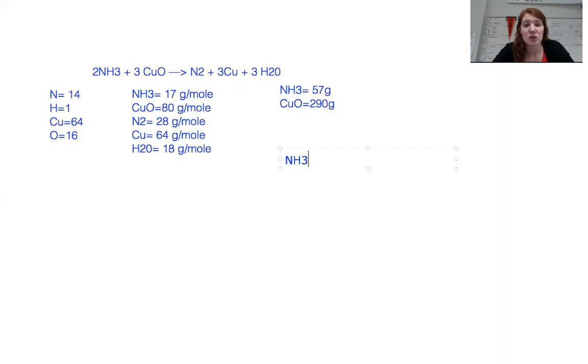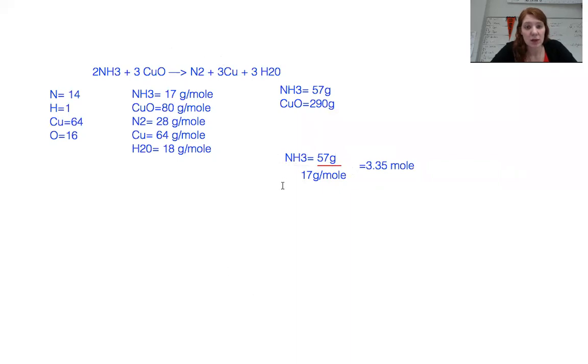So we've got NH3, and it is going to be 56 grams divided by the gram molecular mass, which is 17 grams per mole, we said. And that equals 3.35 moles.